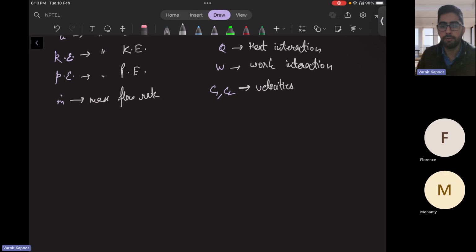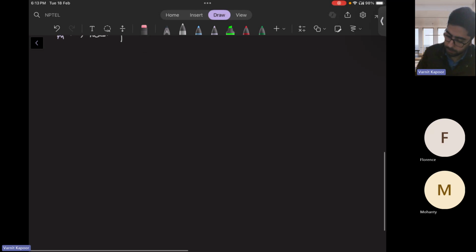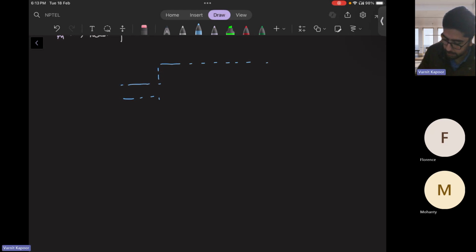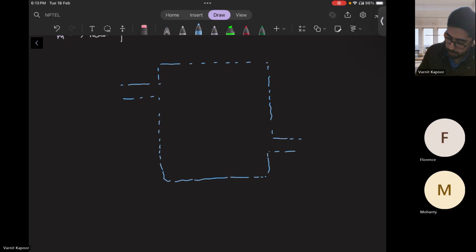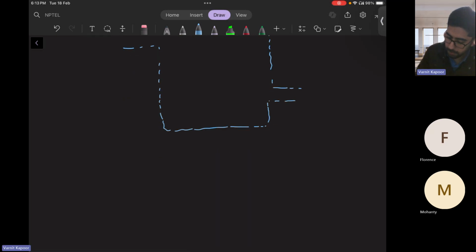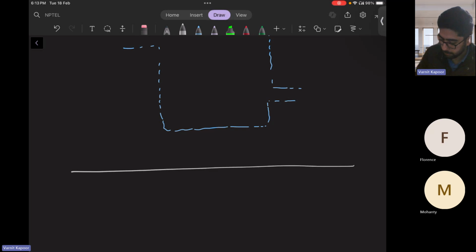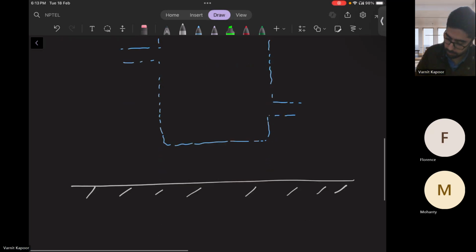So I'll make a control volume for you. We have a control volume like this, which has an inlet here. This whole system has some datum, suppose here. So this is your datum.